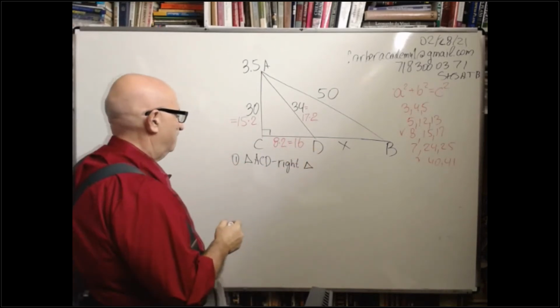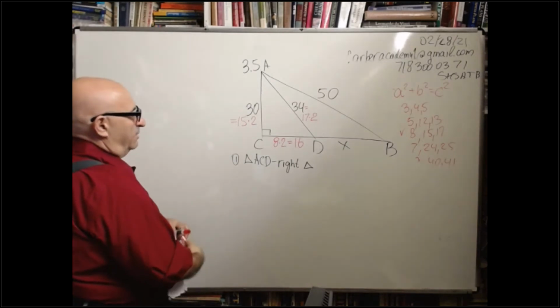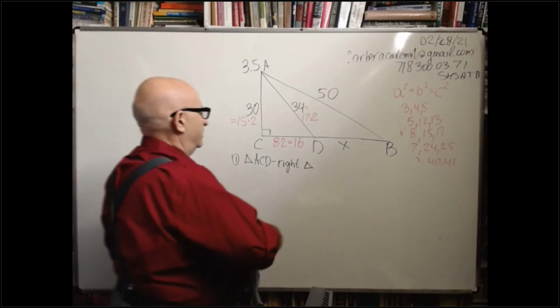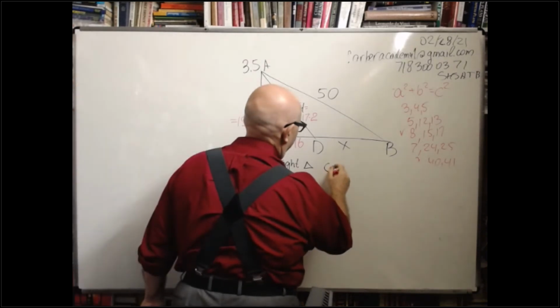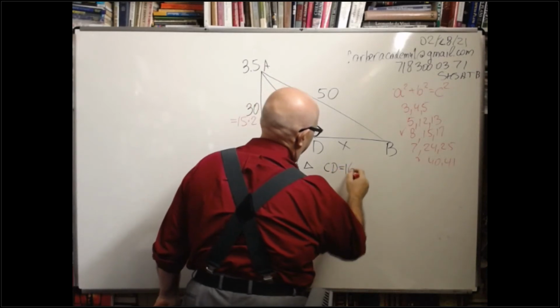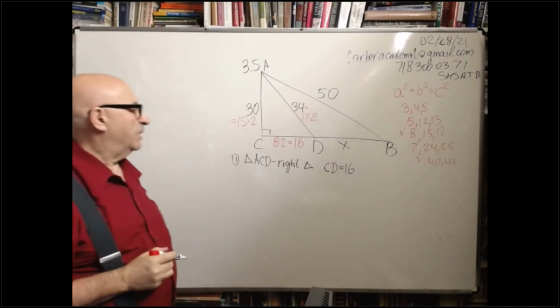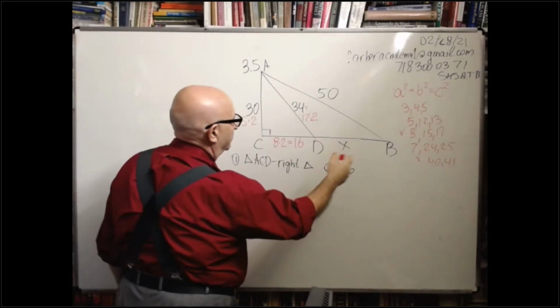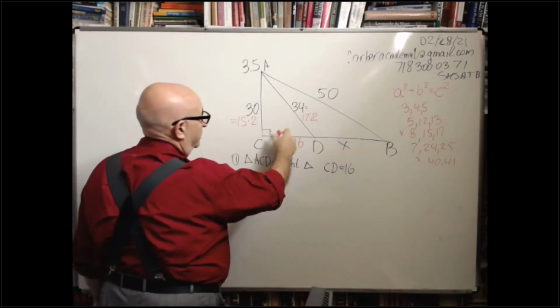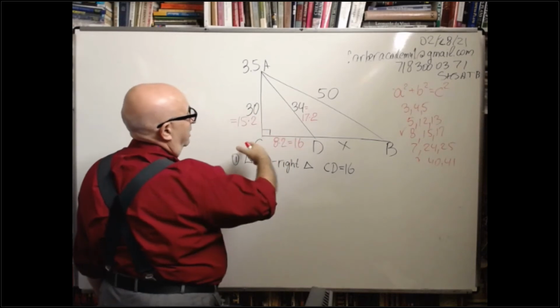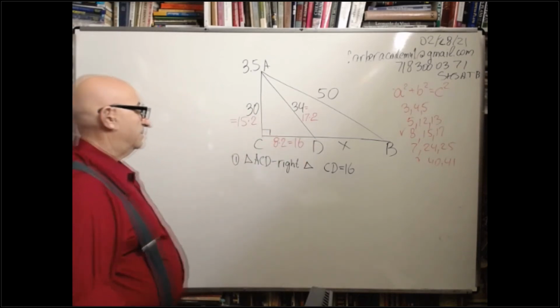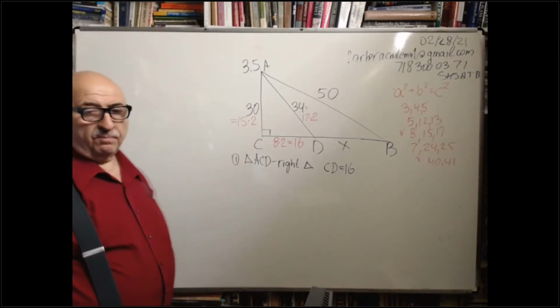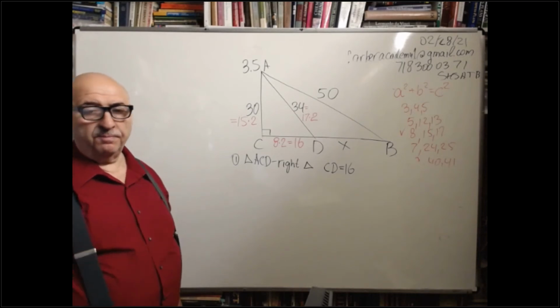From this, we found CD equals 16, because we have 8, 15, 17 Pythagorean triples. If you forget, use x, and from quadratic equation, find this side, like we did before.